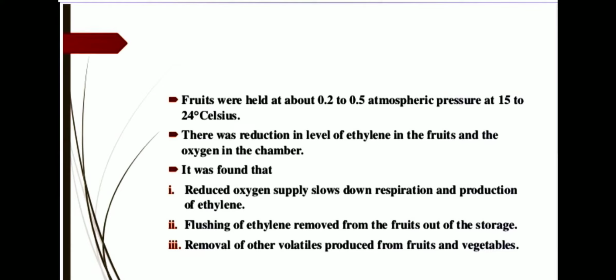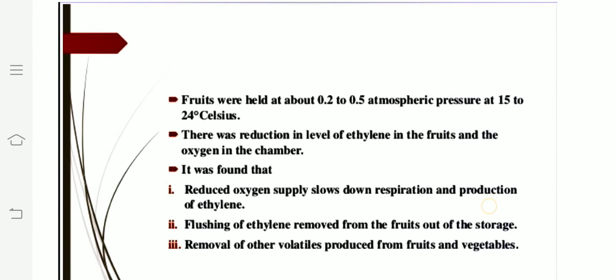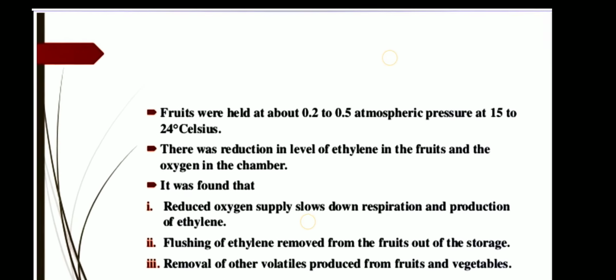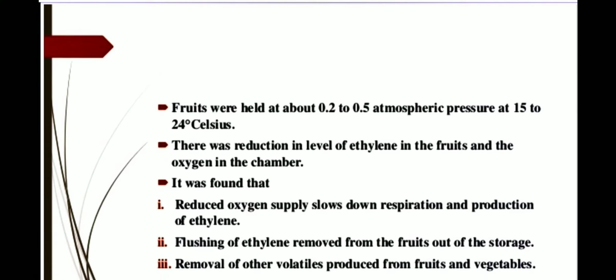degrees Celsius. There was reduction in level of ethylene in the fruits and the oxygen in the chamber. Now we have to understand it very seriously, because we have seen the cold storage temperature 0 to 4, 0 to 8.